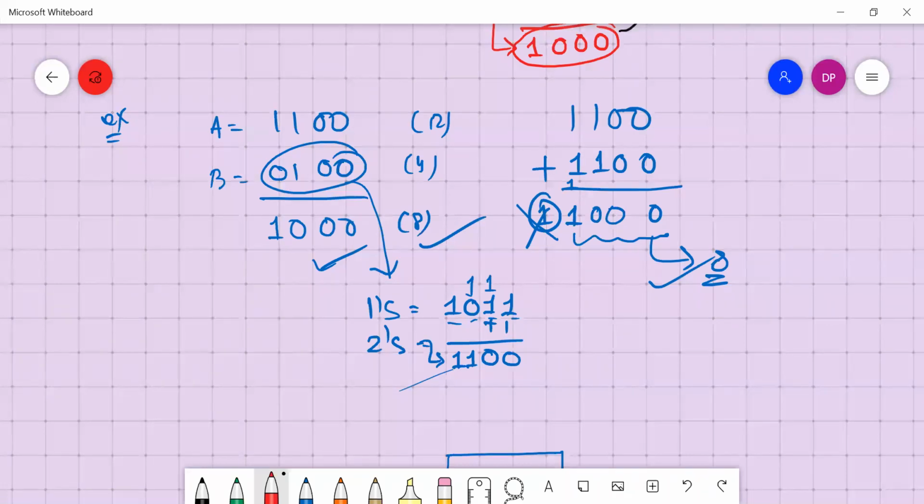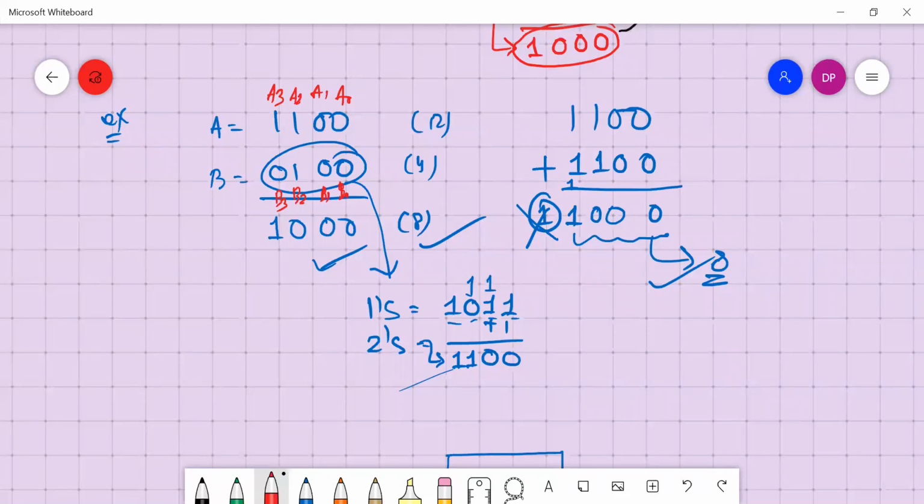Let me take it as A0, A1, A2, A3. Similarly, I'll take B0, B1, B2, B3. Right? These are the given numbers.